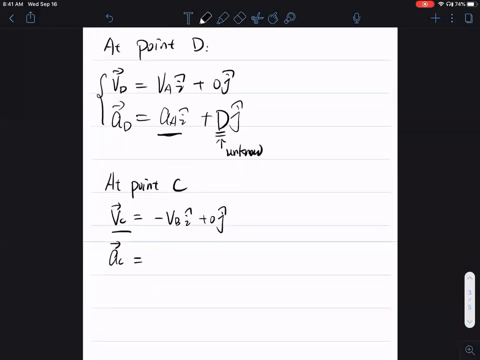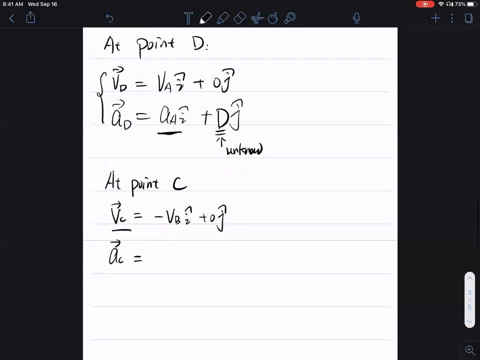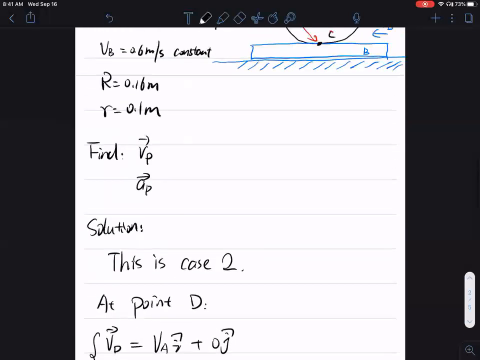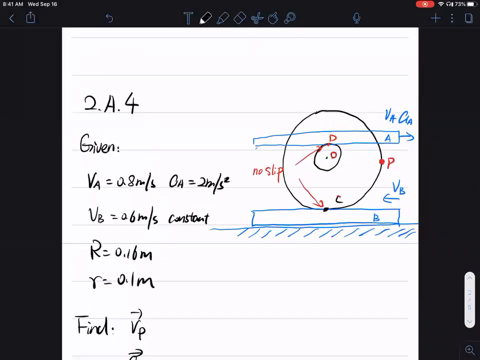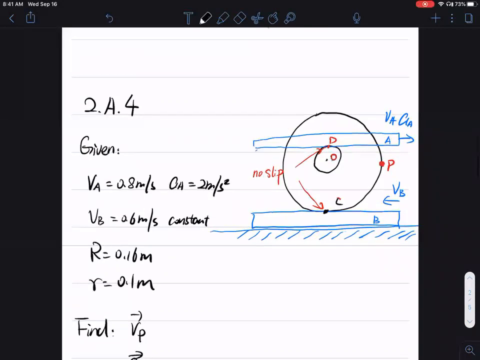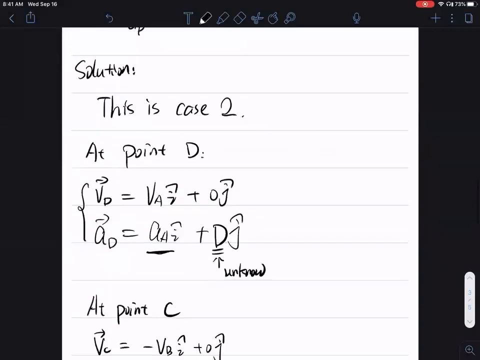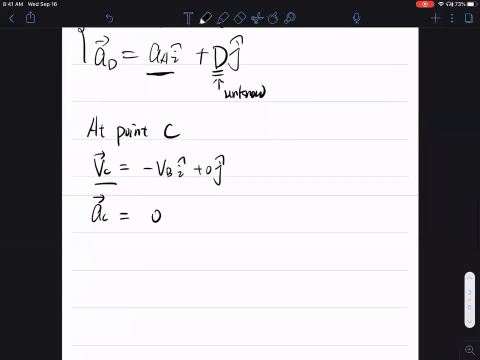How about AC? What is the acceleration for point C? If you come back to read this problem, given block B has a constant speed. Wow, that's good, which means we have zero acceleration. So 0i plus 0j. Is this right?